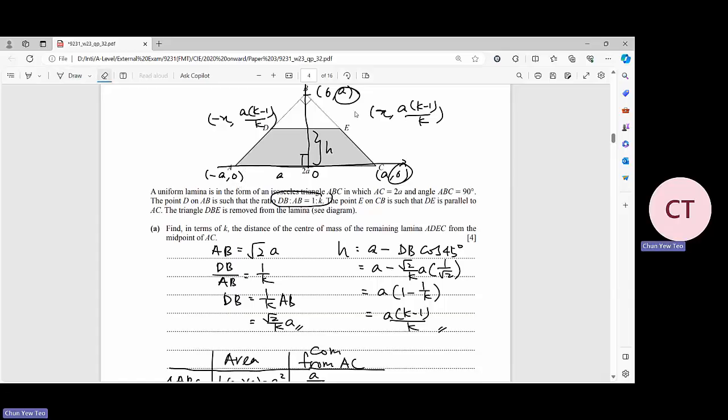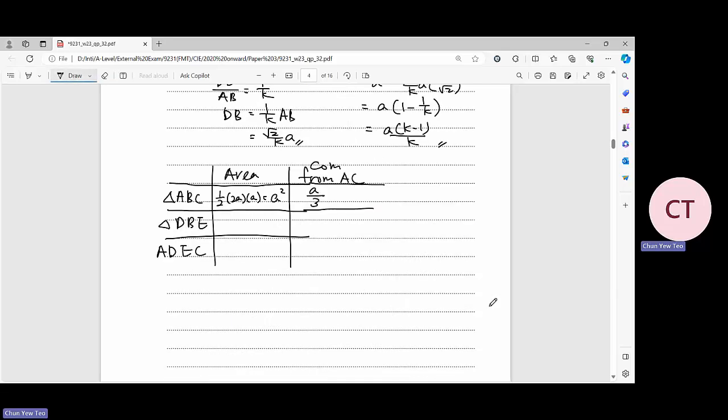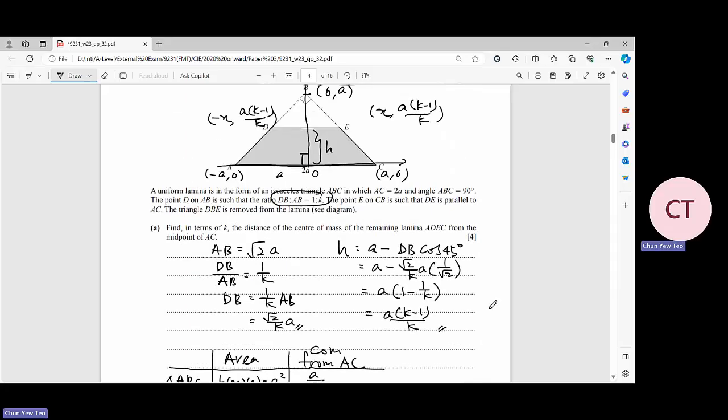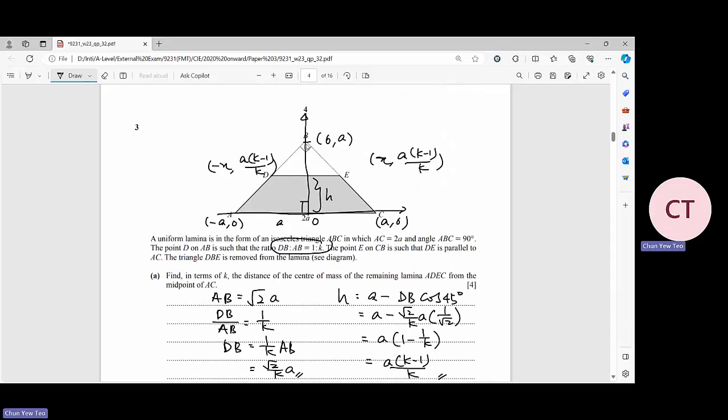Same thing goes for the smaller triangle, DBE. We need to find the area first. The area of the smaller triangle is half times the base times the height. I call this one the base and this one the height. The base DB and the height BE are the same length.